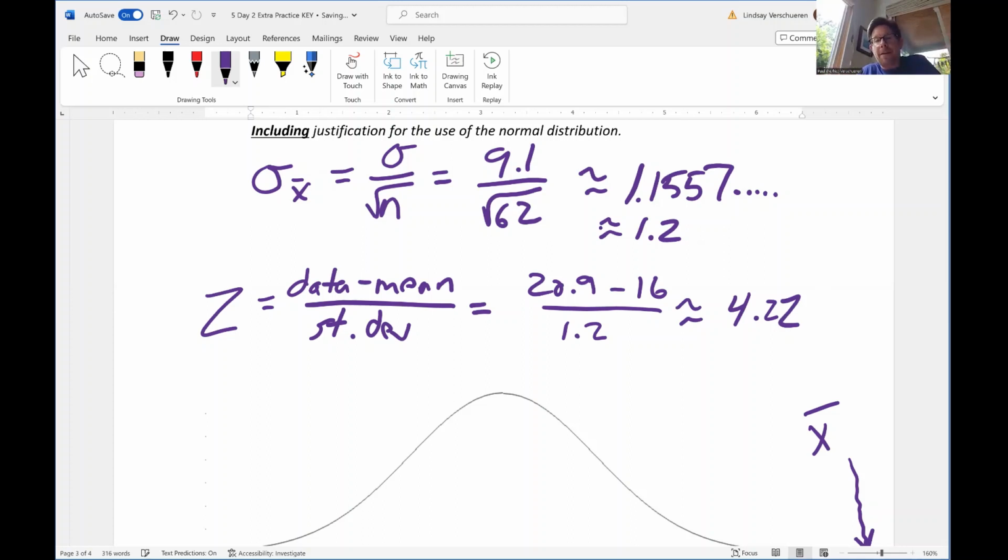Over 4. You can't even look it up because it's off the charts on our table. And if you plugged it into StatCrunch, it would be 0.0000 something. Very, very unlikely. So this is a good example, and there's more of this coming, of low probabilities being strong evidence. The 0% really means there's a 0% chance that this is strictly due to sampling variation.